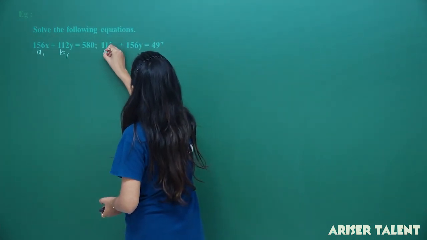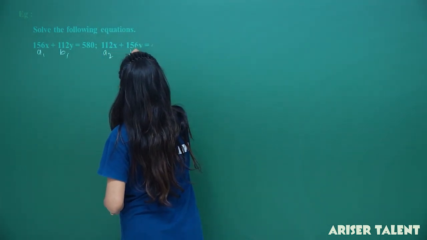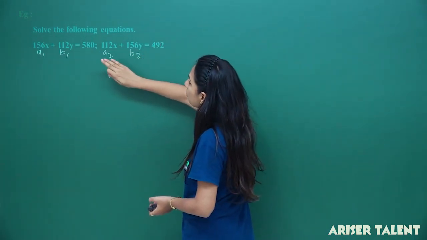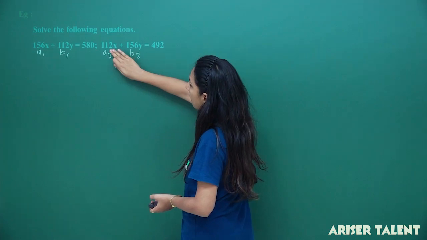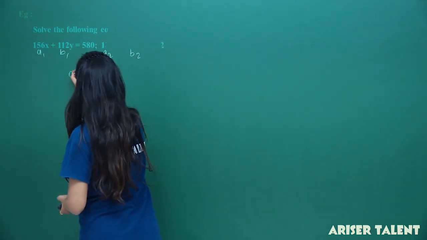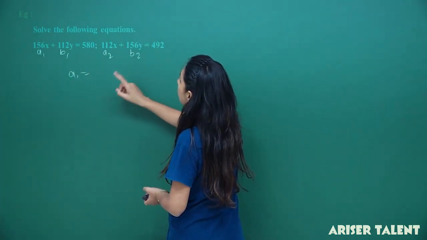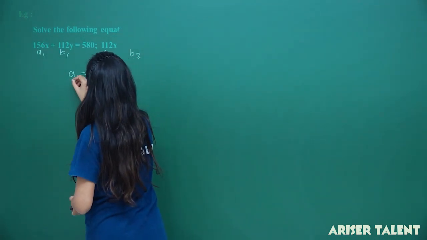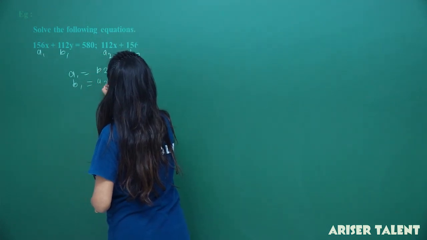Again, this is a2, and this is b2. Now, this is equal to that and this is equal to that. That means a1 is equal to b2 here and b1 is equal to a2 here.